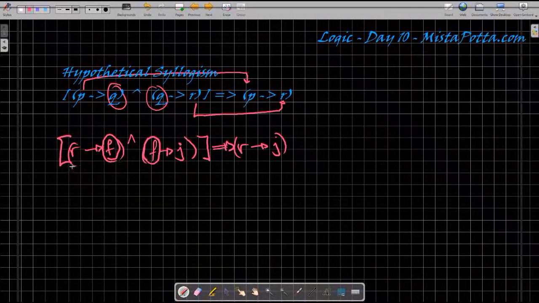And the very first antecedent is my new antecedent. My very last consequent is my last consequent. I always have to have the letters matching in this order. It's essential.